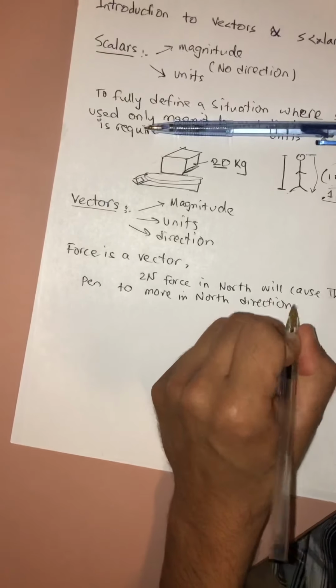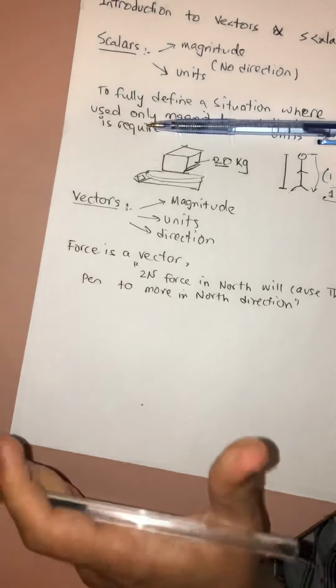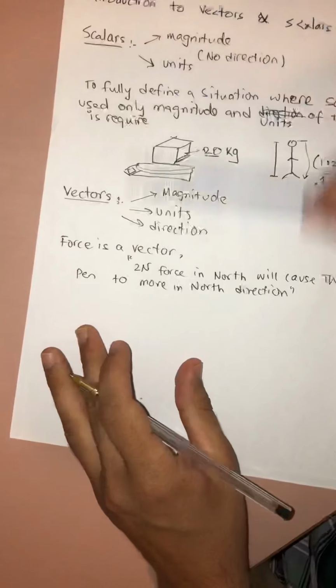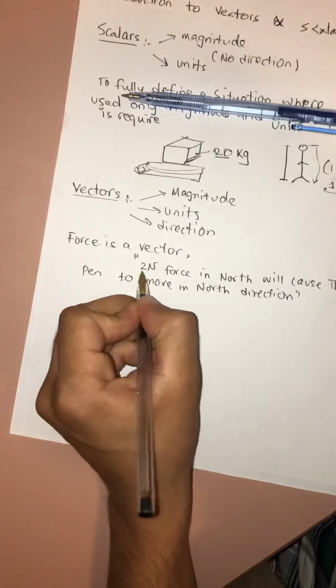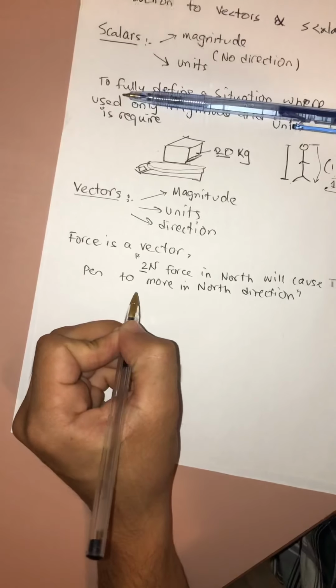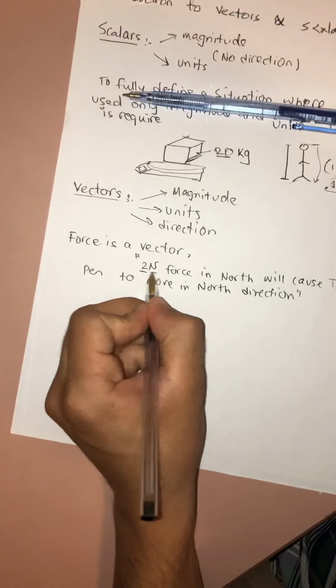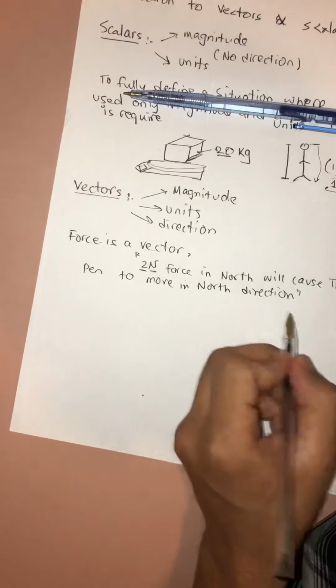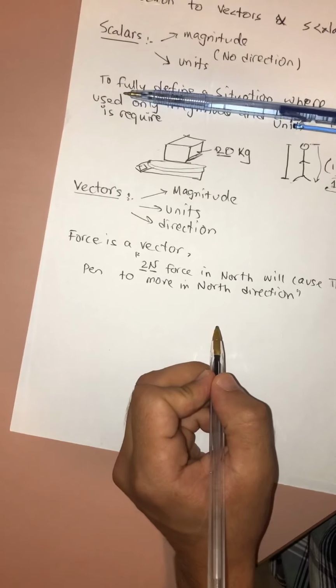So the situation was you had to move the pen, and to fully describe the situation, you mention the magnitude of the force, you mention the units of the force, and now you are mentioning the direction as well.